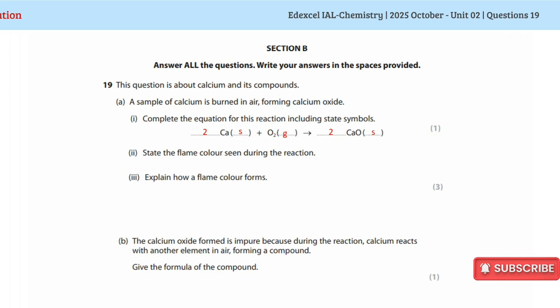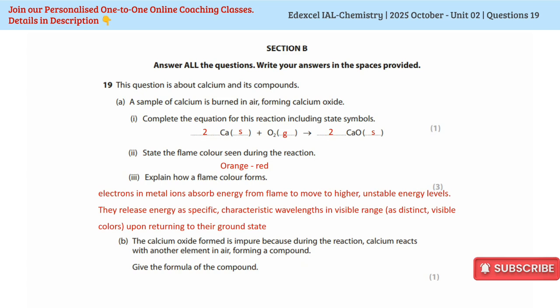State the flame color seen during the reaction. The calcium salts are showing orange red color, or you can say brick red color during the flame test. Explain how a flame color forms. How the flame color forms is the electrons in the metal ions get excited to higher energy states due to energy absorbed from the flame, and it makes those electrons unstable.